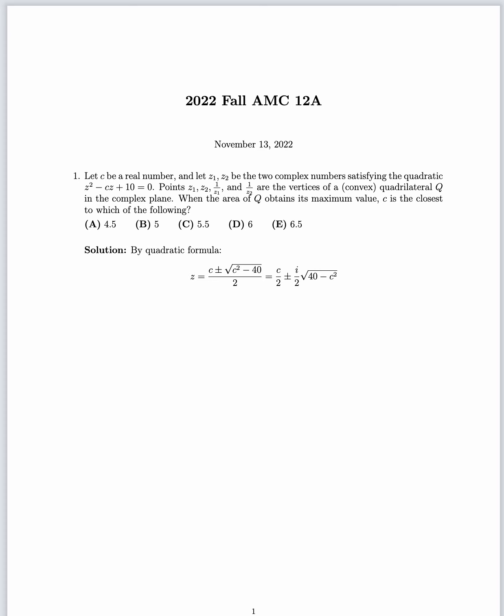So now, what about 1 over z sub 1 and 1 over z sub 2? We can try to find a general case of 1 over z. So now 1 over z is equal to the fraction of 2 over c plus or minus i square root of 40 minus c squared.